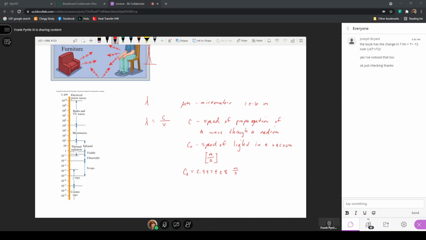Now, how do we get the speed of propagation of a wave through a medium? Well, this is a relationship between C and C sub 0, where the speed of propagation of a wave, here any of these wavelengths, is equal to the speed of light through a vacuum divided by n, where n is the index of refraction in that medium.